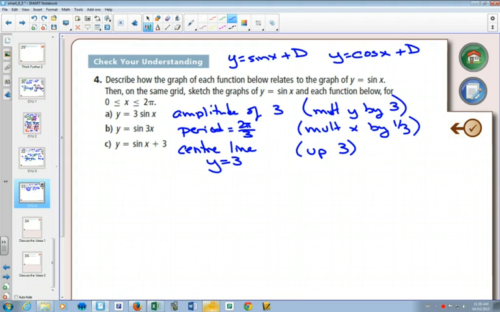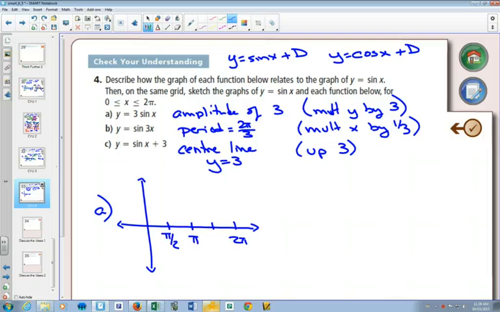So we're going to just graph each of these separately instead of graphing them on the same grid. The first one, the only thing that's changing is our amplitude. So our period is still going to be 2 pi and split it into 4 equal sections. But now our amplitude is going to go up to 3 and down to minus 3.